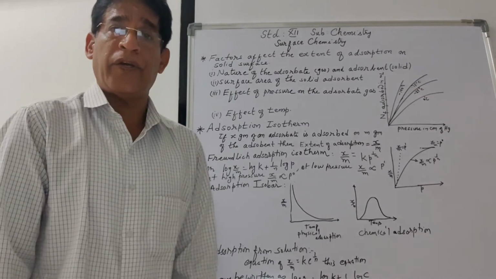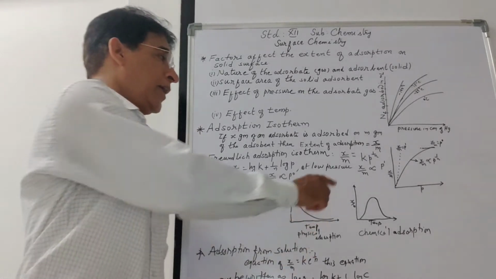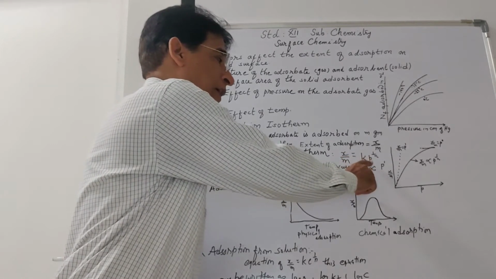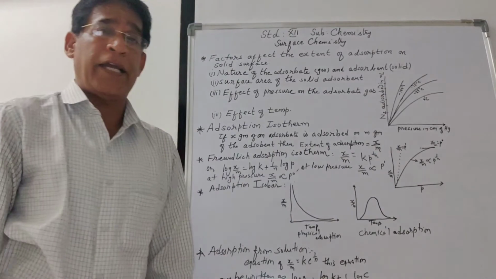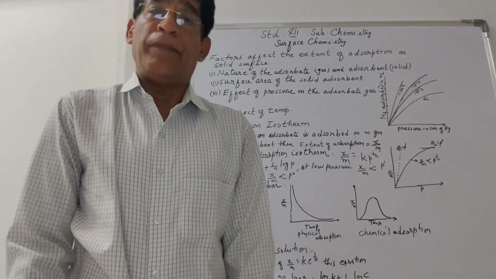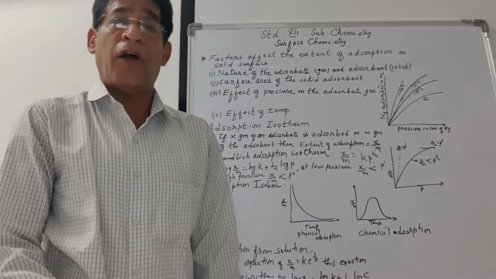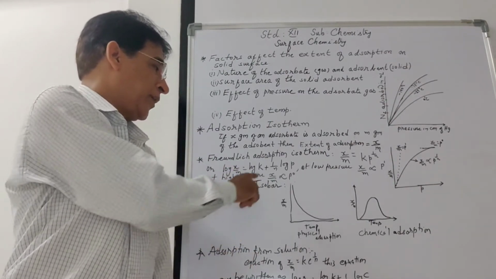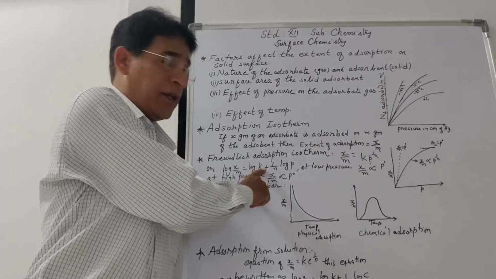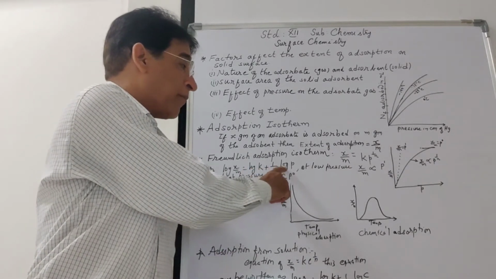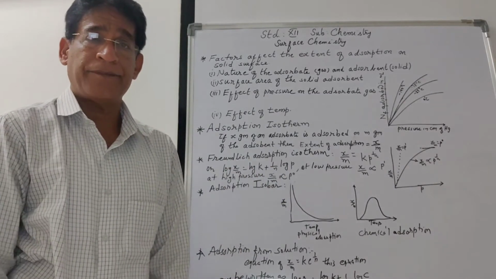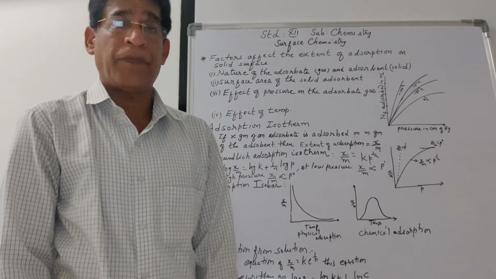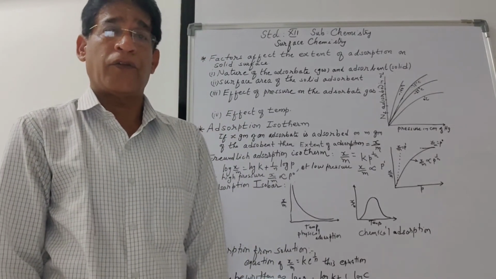The above equation, x/m = kc^(1/n), may be written as log(x/m) = log k + (1/n) log c. c is the equilibrium concentration of the solute in the solution.